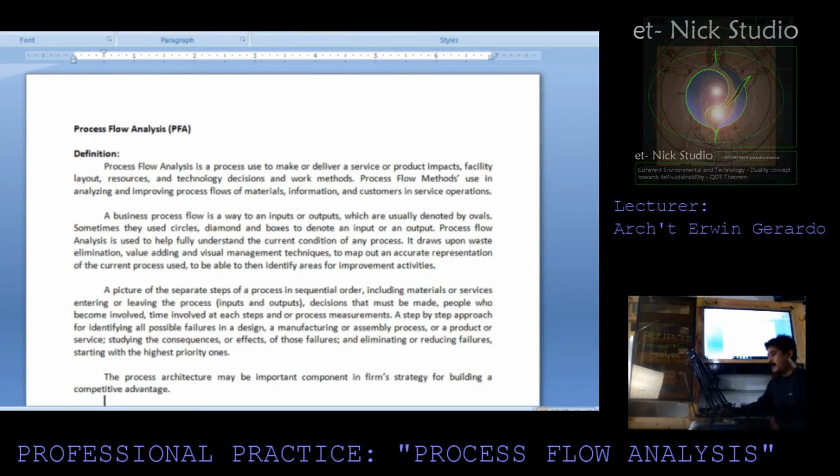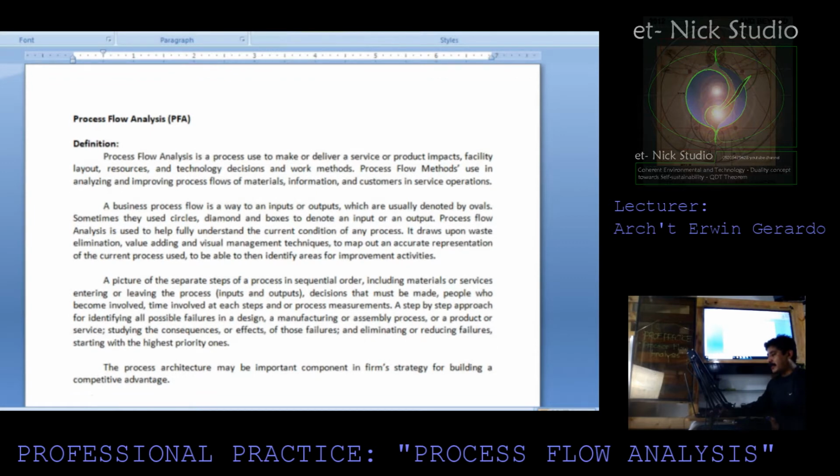It draws upon waste elimination, value adding, and visual management techniques to map out an accurate representation of the current process, to then identify areas for improvement activities.